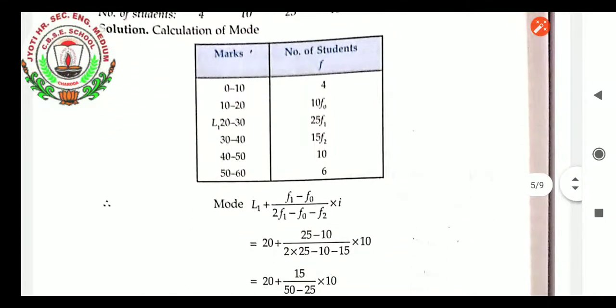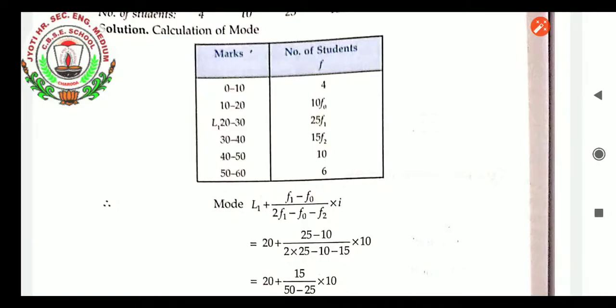Let us calculate according to the formula. Most probably you have to use this formula instead of the grouping table and analysis table. I am not saying you cannot use that method or that it is not good, but it is time consuming, and in examination time it will be very difficult to analyze.